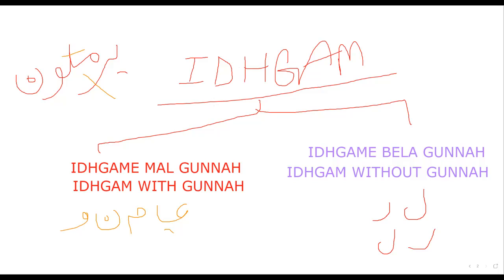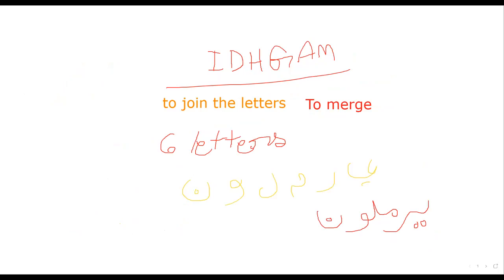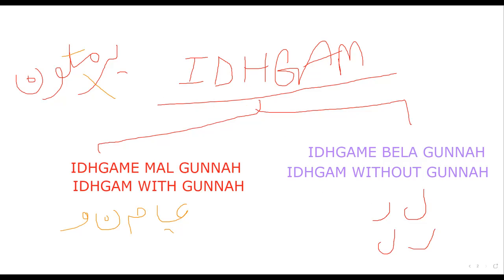Idgham bila gunna has two letters, lam and ra, and idgham ma'al gunna has four letters, ya, mim, nun, waw. If you understand this part, then you already know 50% of idgham.